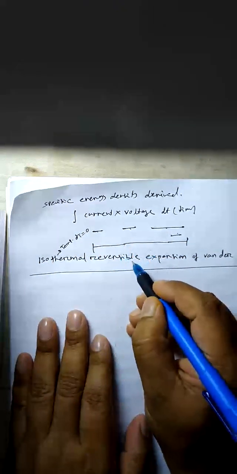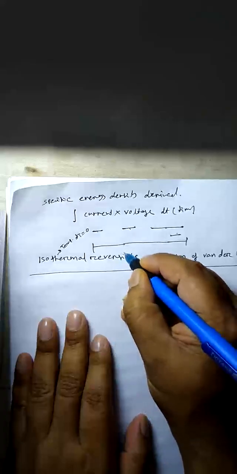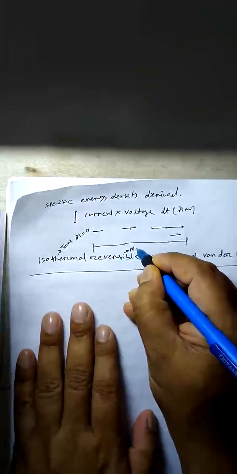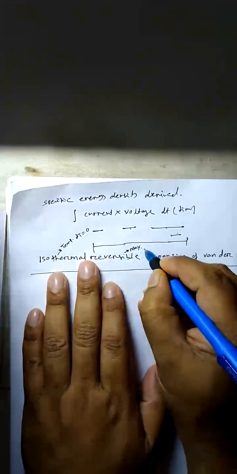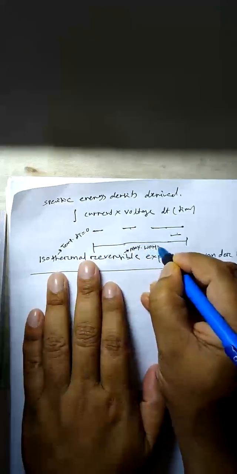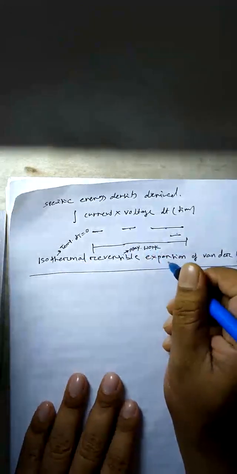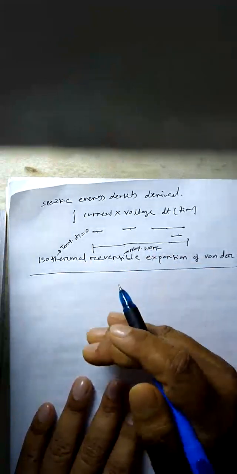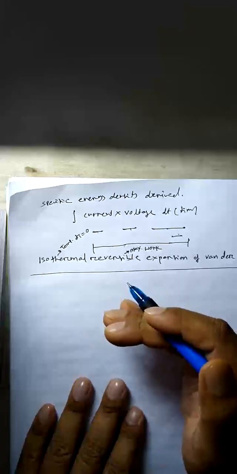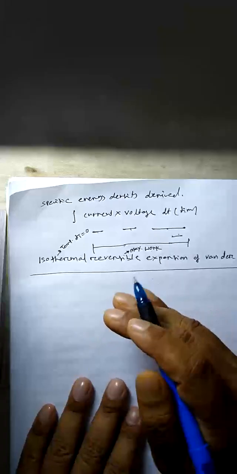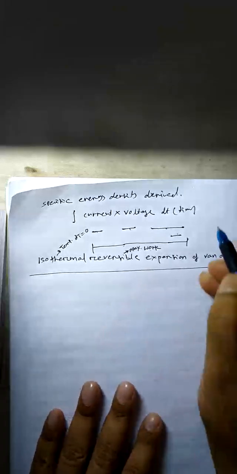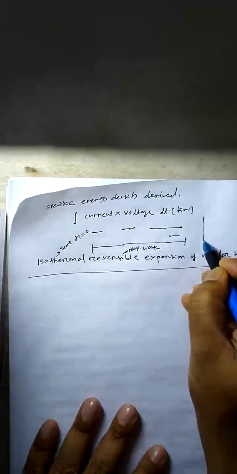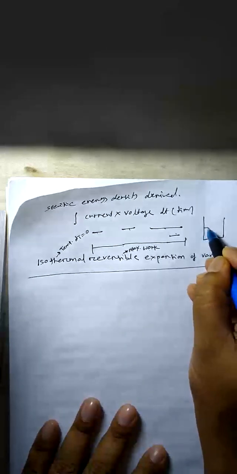Reversible means maximum work done is possible. Expansion means the work done by the system. Suppose this is my system, and this is the piston.